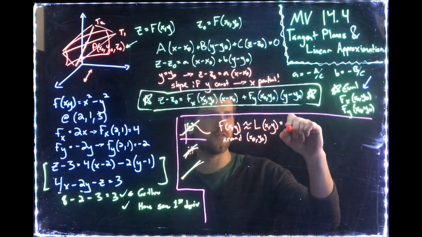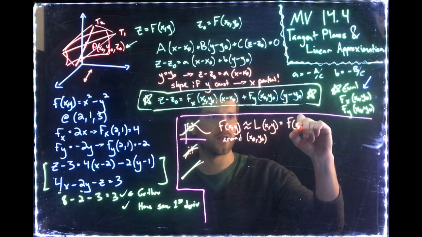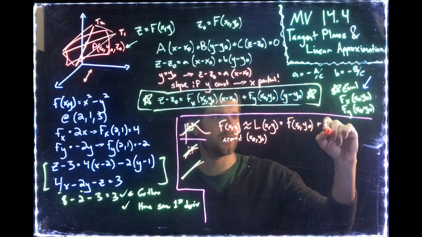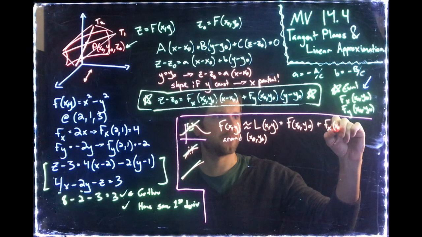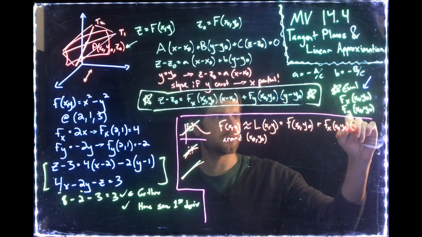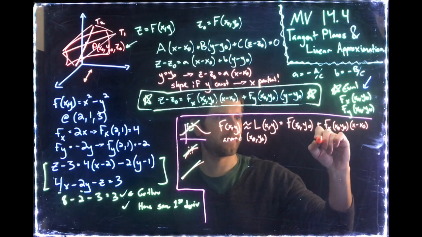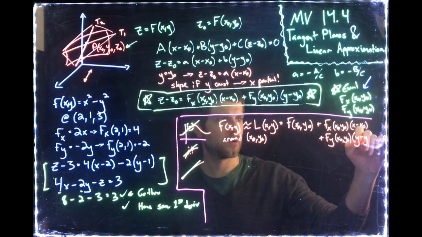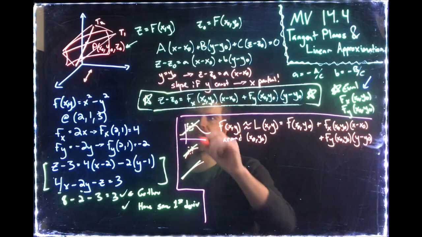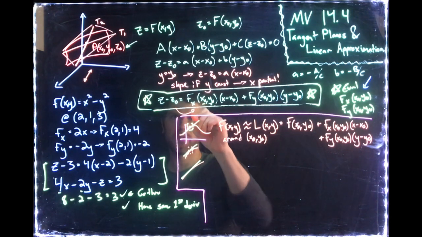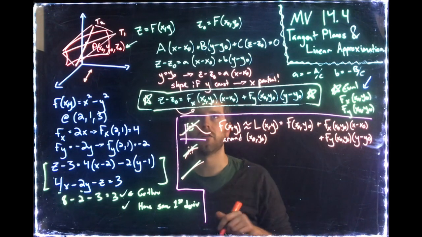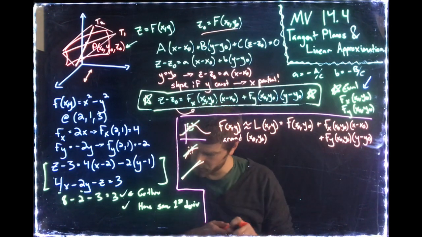We start at the value f of x0, y0, and add to that fx times x minus x0, plus fy times y minus y0. So it's really just this same equation, but we've moved the z0 over to the other side.